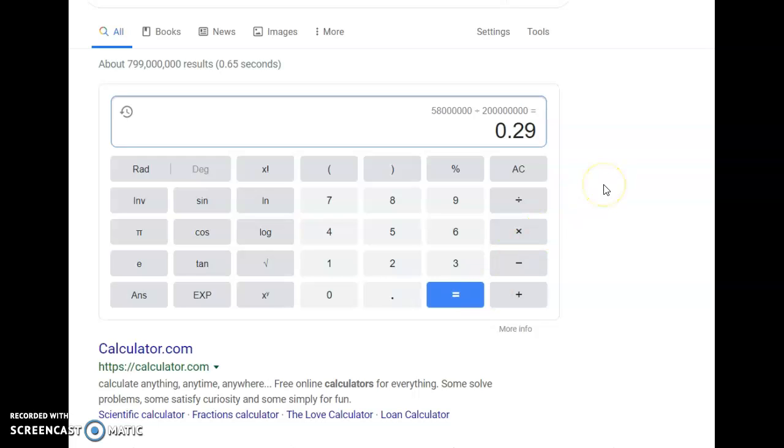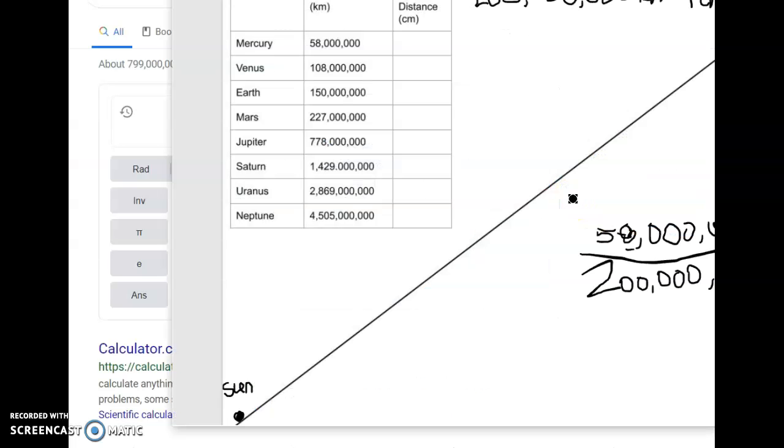So that means we need 0.29 centimeters away from the sun. So that's what we would write in here.